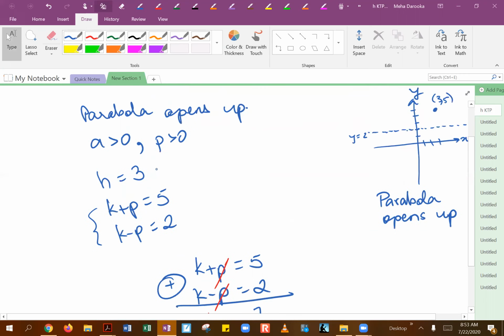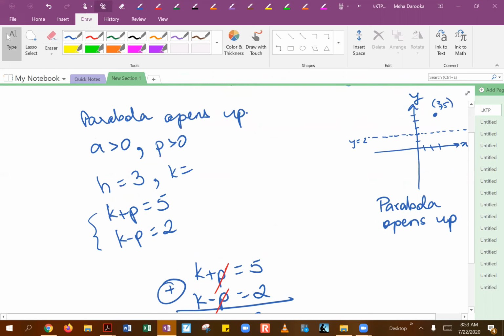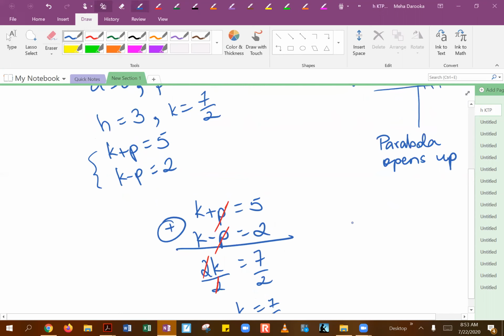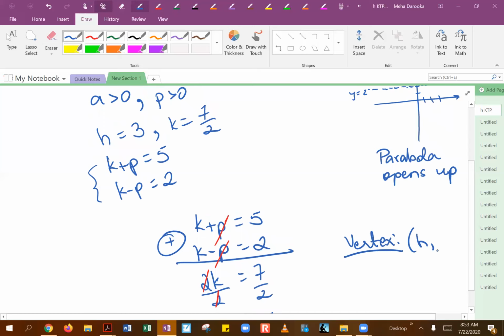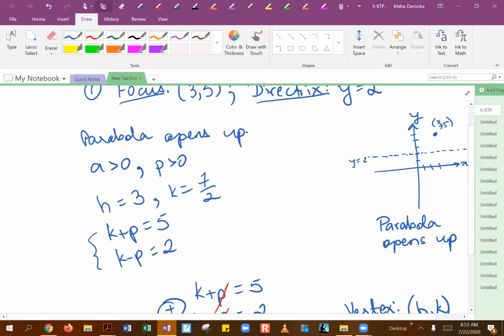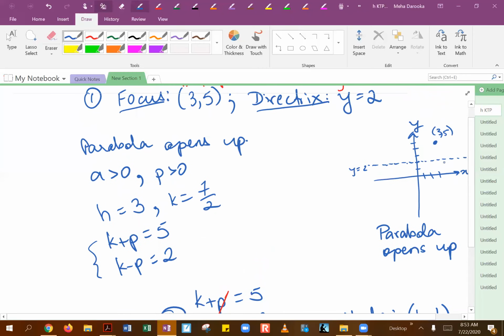So now we have our h value, and we also have our k value, which is 7/2, and that forms the vertex of our parabola at (h, k). So that would be (3, 7/2). Of course, 7/2 is 3.5, so 3.5 is where the vertex of our parabola is going to be.